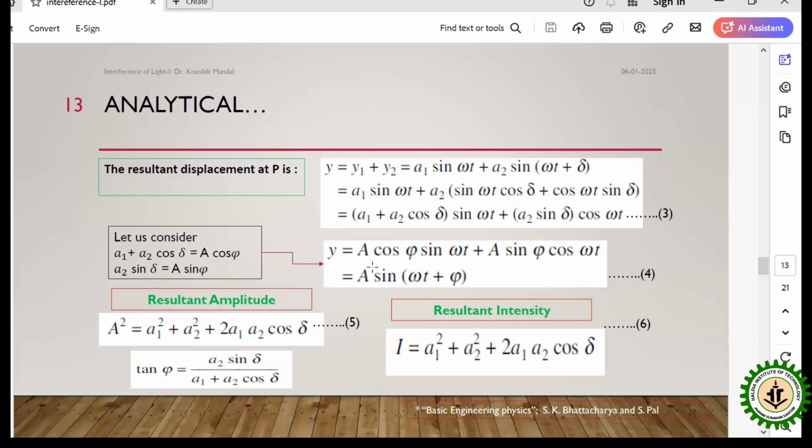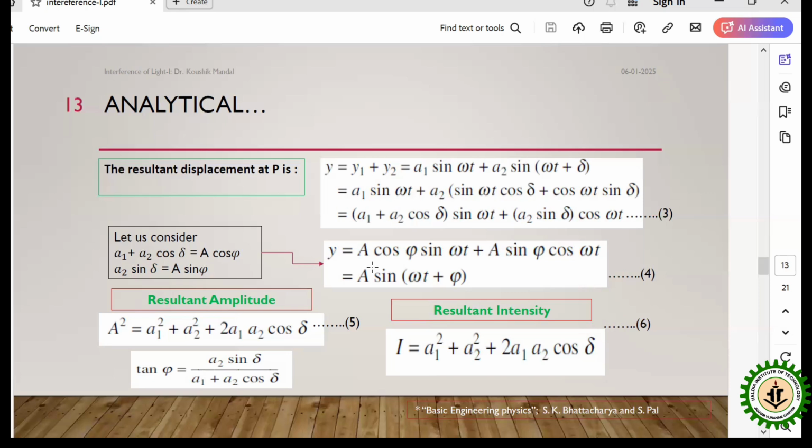So here we consider the coefficient a1 plus a2 cos delta equals A cos phi, and a2 sin delta equals A sin phi, capital A. If we substitute this assumption in the equation, the resultant equation will come as y equals A (sin omega t cos phi plus sin phi cos omega t). So it is nothing but the formula of sin(A plus B).